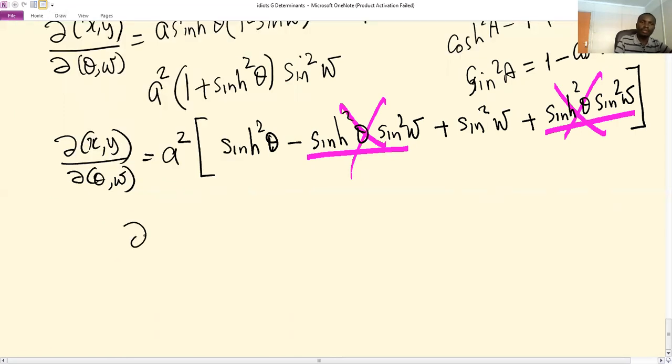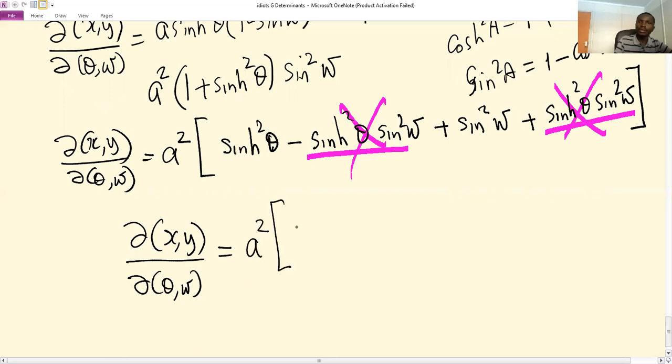So we have the Jacobian of x, y with respect to theta, omega will be a squared into hyperbolic sine squared of theta plus sine squared omega.